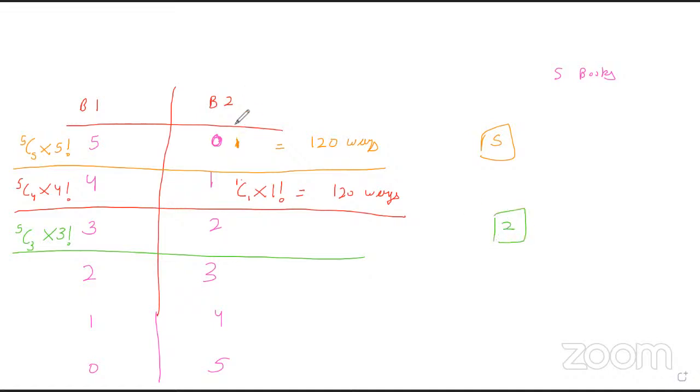Both the 2 books are selected for bookshelf 2, and can be arranged in 2 factorial ways. Is it clear, or anyone having doubt in these steps? Clear. Similarly, if you compute it for all, it would all be 120 ways.